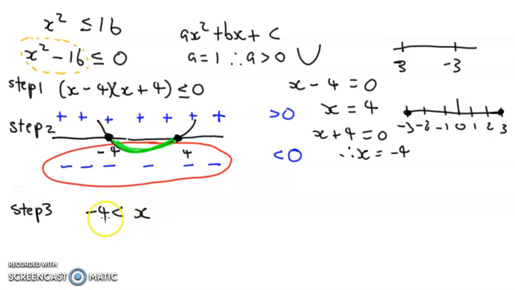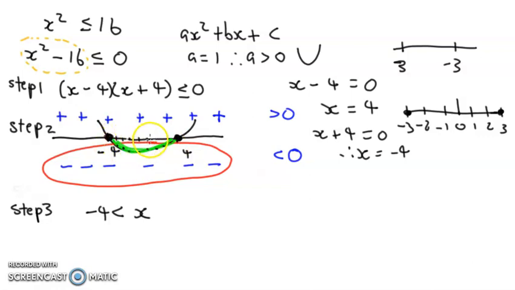Note that I'm saying x is greater than -4 because the graph is below the x-axis where, if we were to take a couple of dots here, they would correspond with certain x values there.